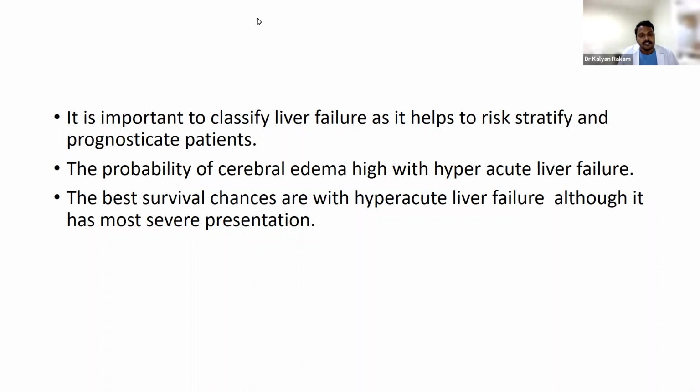They will have a very severe clinical presentation, but the survival chances are also equally good in hyperacute liver failure. So it is always essential that we classify the patient into hyperacute, acute, or subacute liver failure, because it helps us in prognostication and also risk stratification.